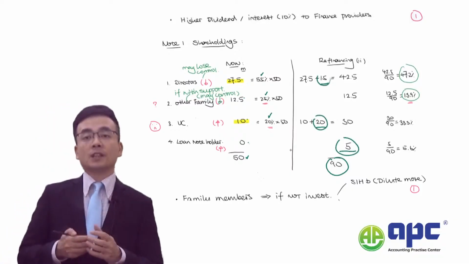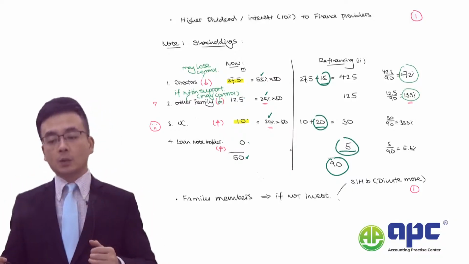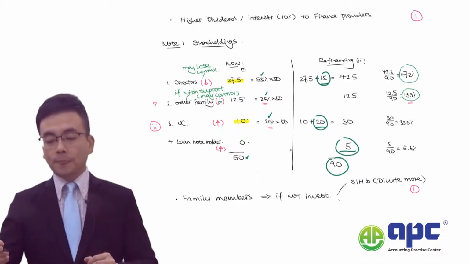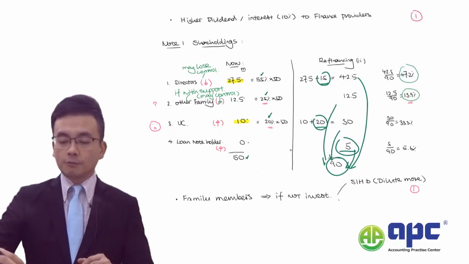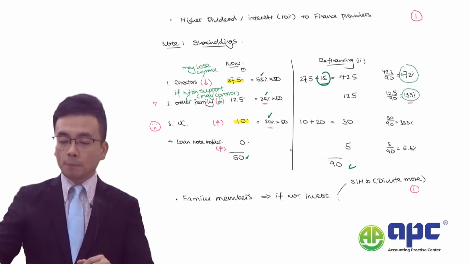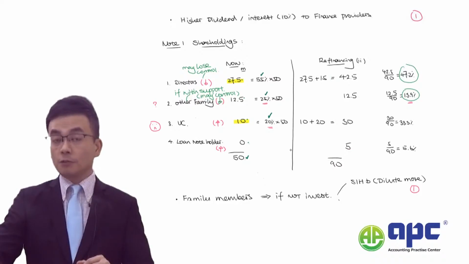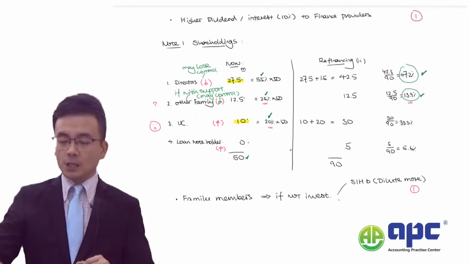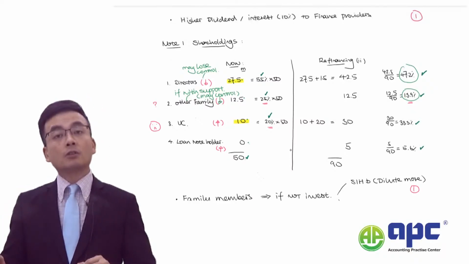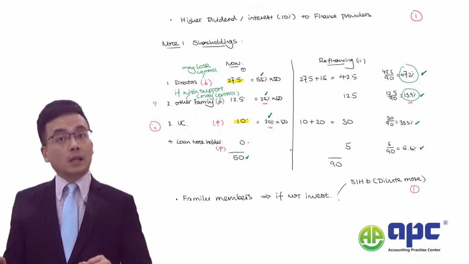We can compute the number of shares that each of the stakeholders will own and divide this into 90, respectively. That will give me 47.2% and 13.9% and 33.3% and finally 5.6% shares held in the business.